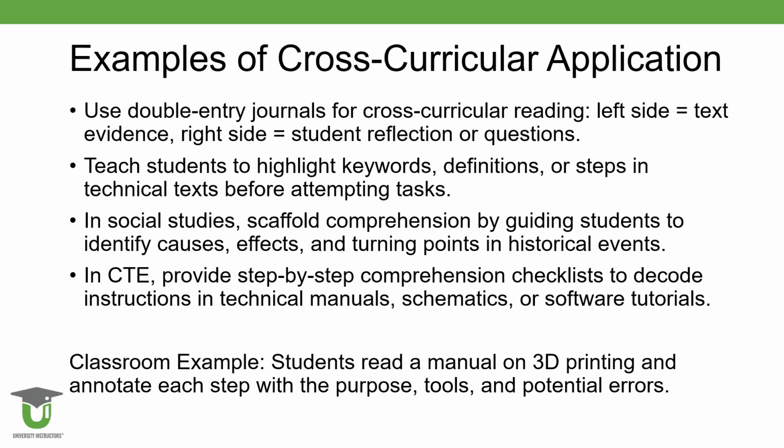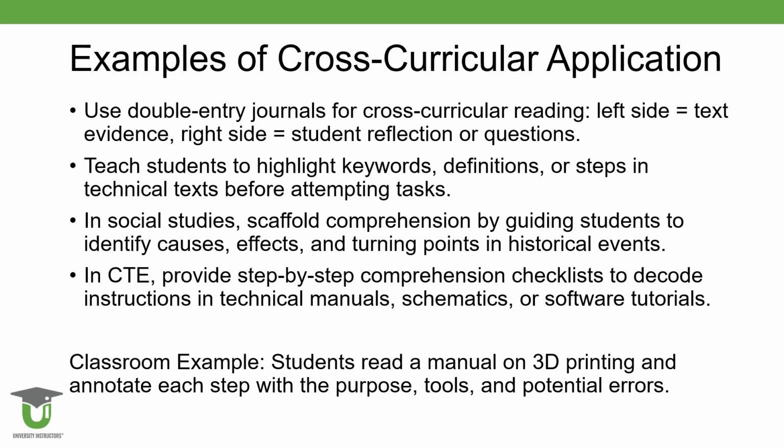To support comprehension across disciplines, use double-entry journals, where students record text evidence on the left and reflections or questions on the right. Teach students to highlight keywords, definitions, or steps in the technical text before attempting tasks. In social studies, scaffold comprehension by guiding students to identify causes, effects, and turning points in historical events.